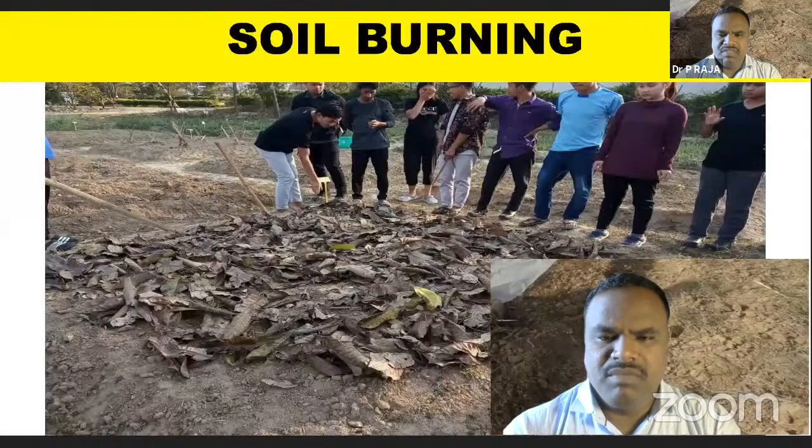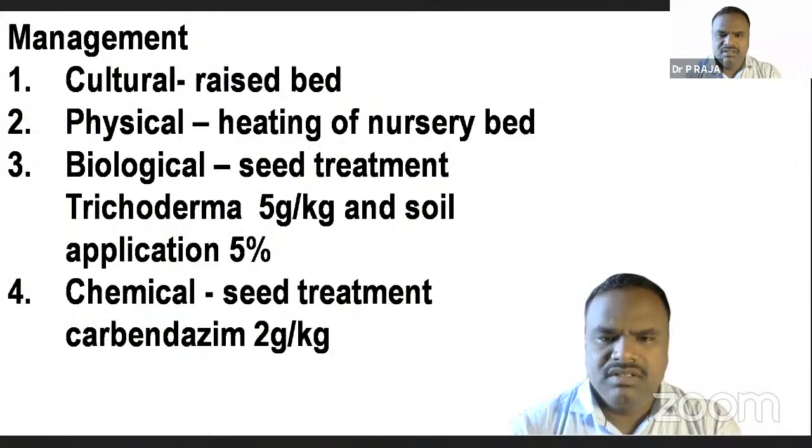There's the physical method. After the physical method, there are two more methods, a biological method and a chemical method, to manage nursery diseases. In the biological method, we can go for seed treatment, Trichoderma seed treatment, 5 gram per kg of seeds, and also soil application at 5%.